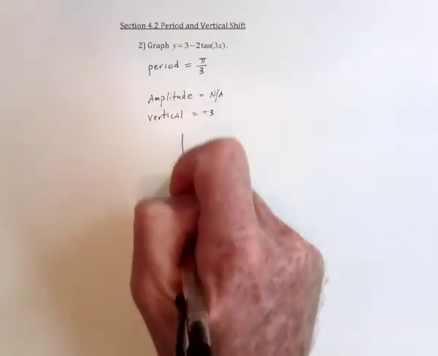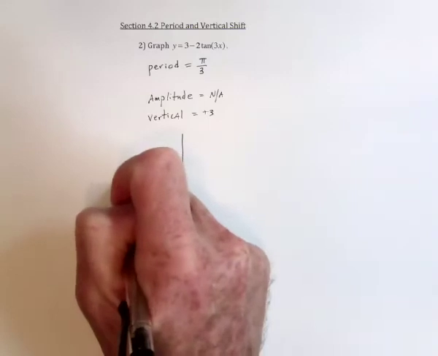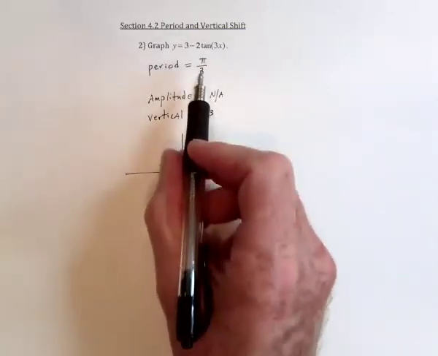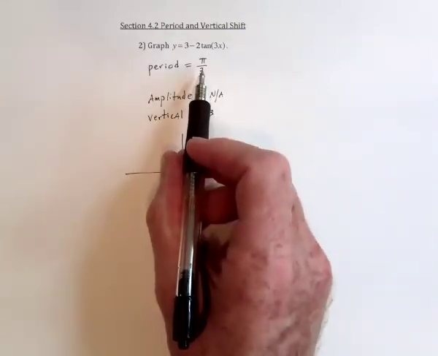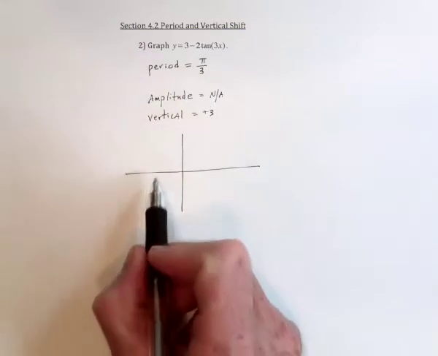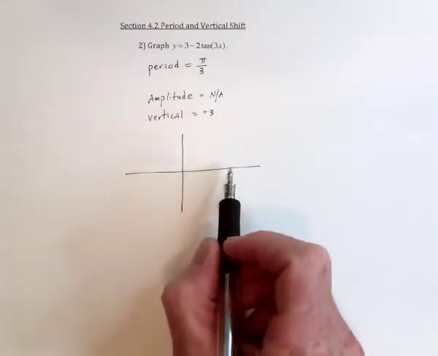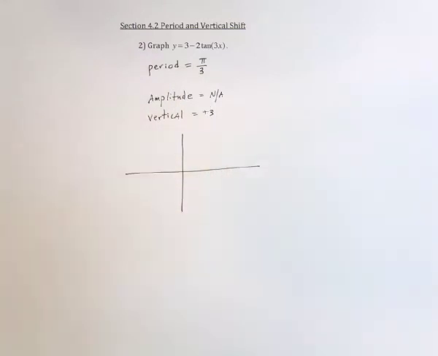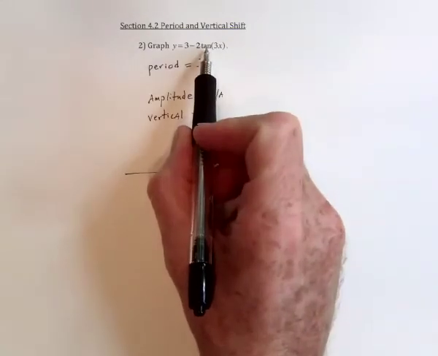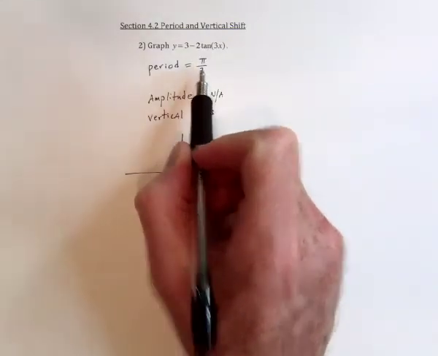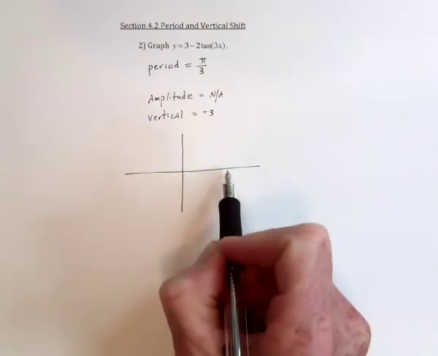And now for the graph, you've got the y-axis, the x-axis. The period is the length on the x-axis that it takes to create one cycle of tangent, or whatever the trig function is. If this were sine or cosine, and I came out with this as the period, then I would just go from 0 to pi over 3.